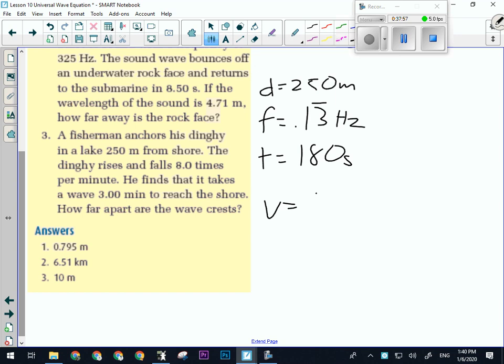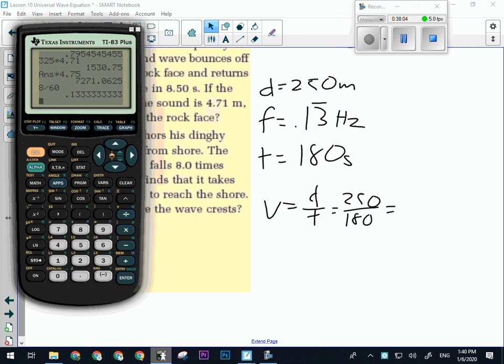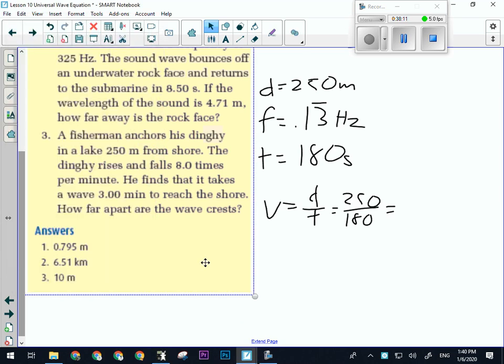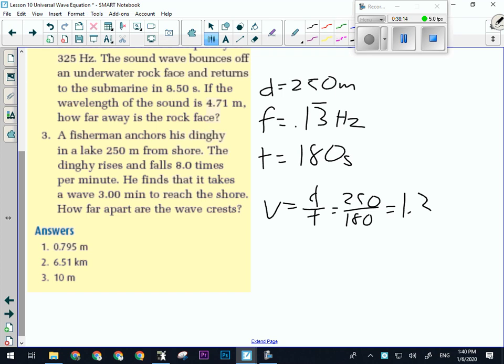V equals D over T, 250 over 180 seconds, so we're looking at 1.38 meters per second. Now that I know the speed of the waves and their frequency, can I calculate the distance between crests, in other words the wavelength? Wavelength equals V over F, 1.38 divided by 0.13.